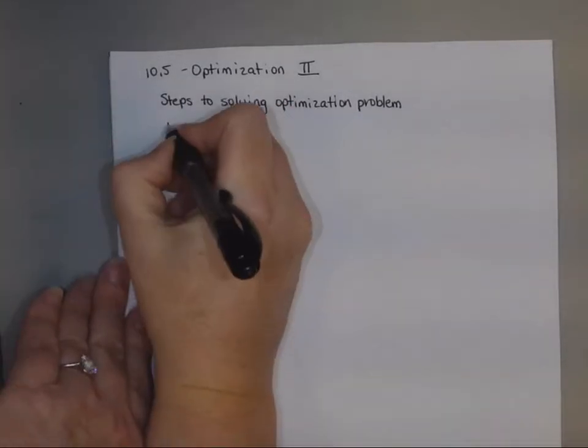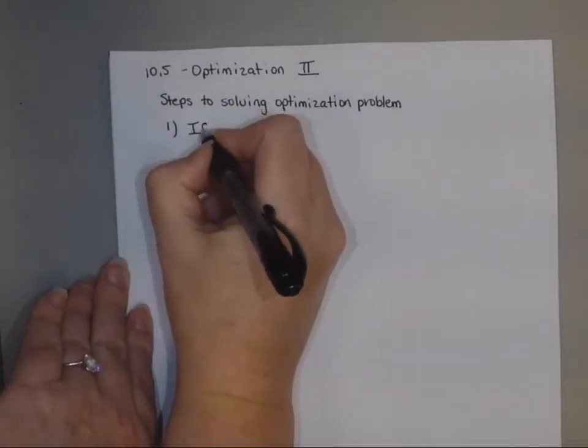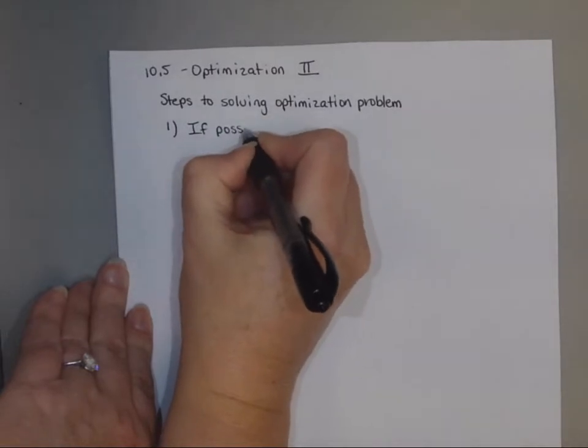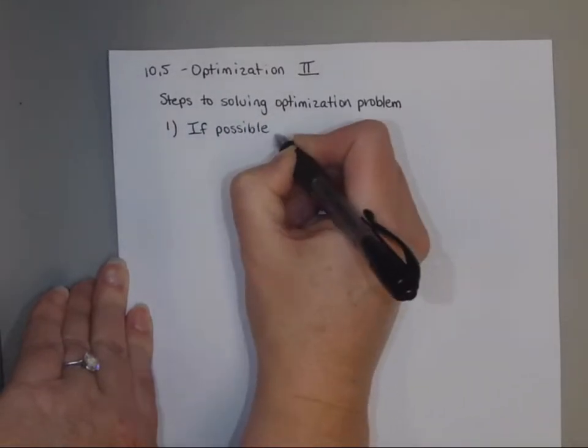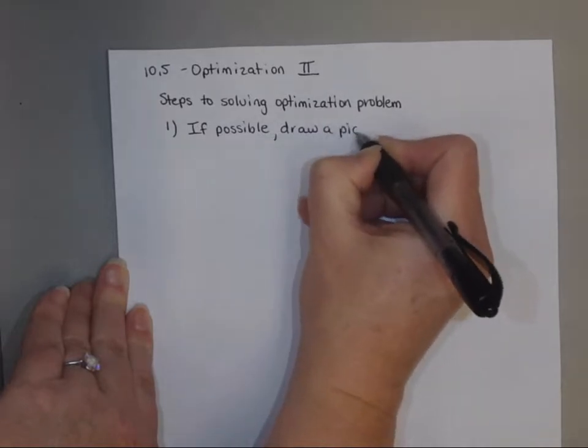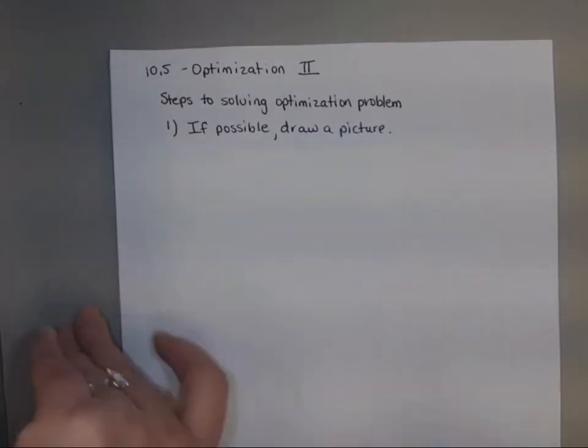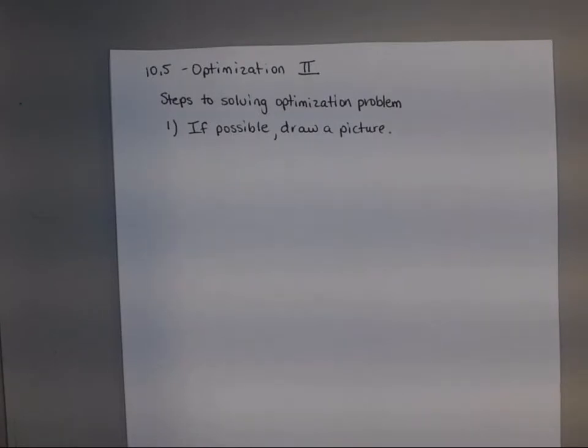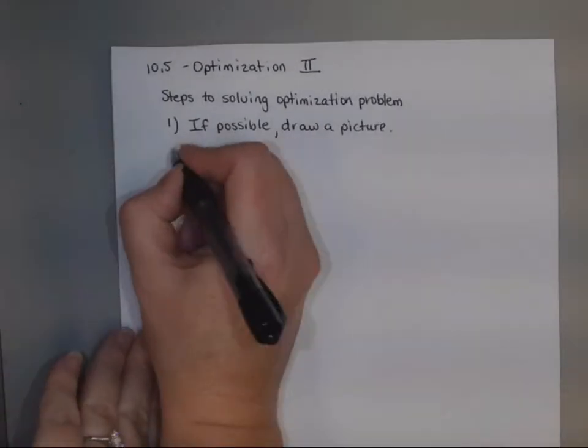So here are some tips just in general when you're struggling to come up with your own formula. If possible, draw a picture. That's something I always tell my students, particularly in junior high or geometry or anything like that.